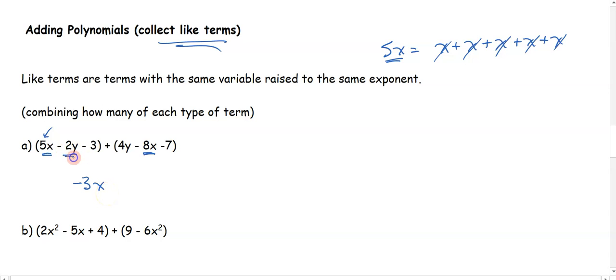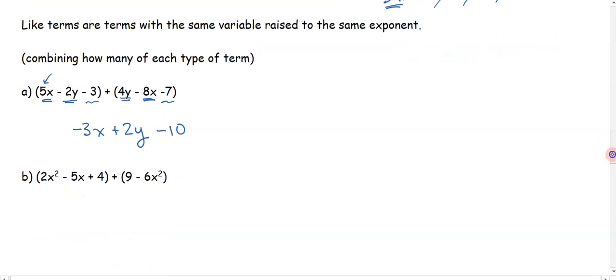Now I have negative 2y plus 4y, so I get positive 2y, and then negative 3 and negative 7 is negative 10. If the signs are the same when you're adding, you keep the sign and add them. If the signs are different, you take the difference and keep the sign of the greater one. There's more positive, so my answer is positive, or there's more negative, so my answer is negative.